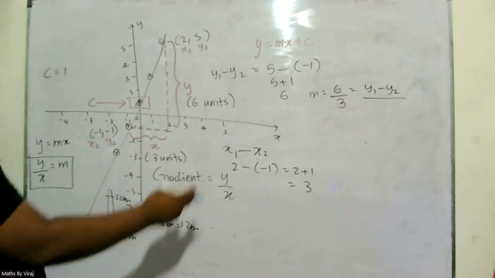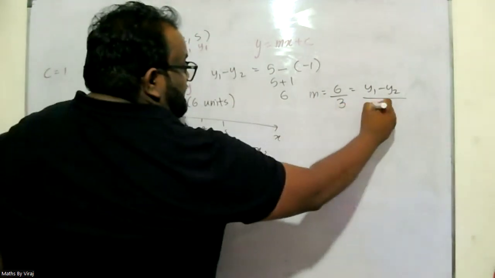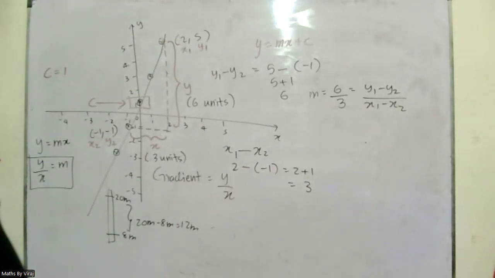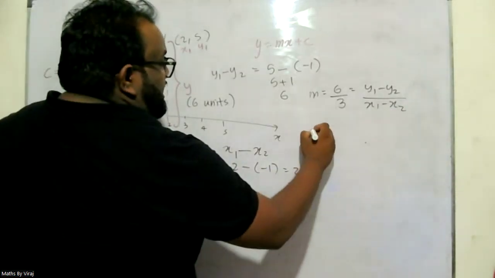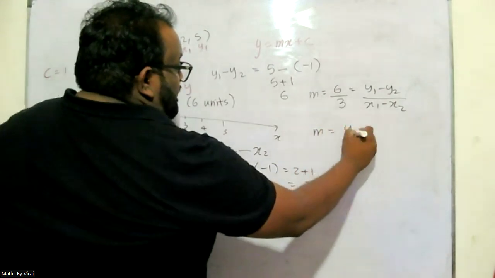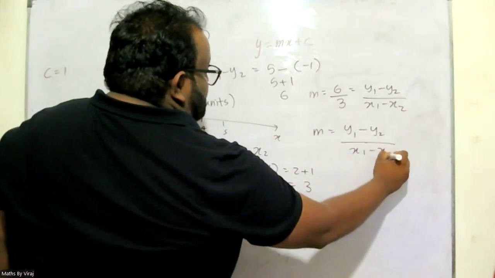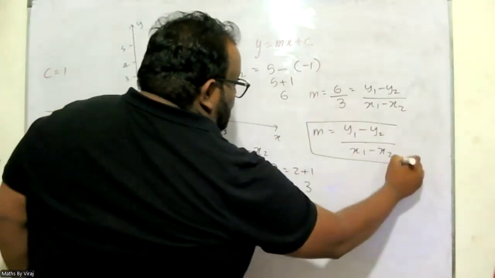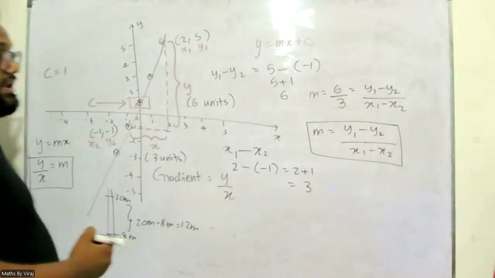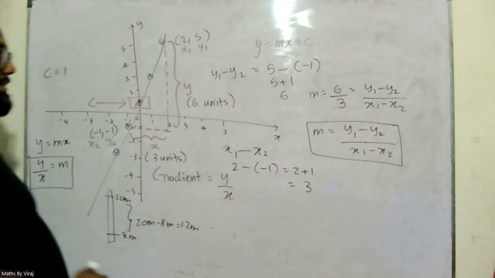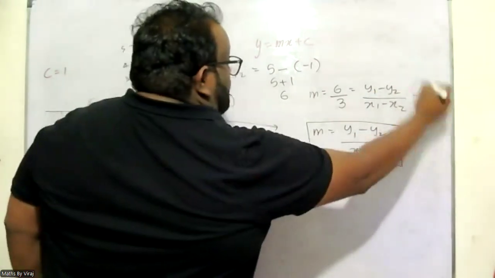How did I get 3? When x2 was subtracted from x1. Now we can come to an understanding that gradient is y1 minus y2 over x1 minus x2, and this is a global equation to calculate the gradient. Be that as it may, we have the answer 2.